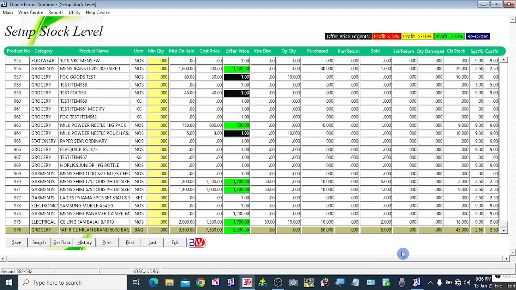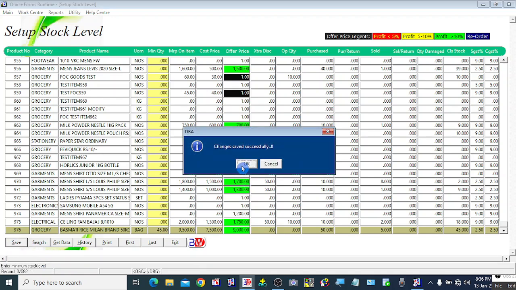At the moment the current closing stock is 45 bags in my hand. Here in the minimum quantity field, I am entering 45 as the minimum stock level I want to maintain in my stock. Click on the save button.